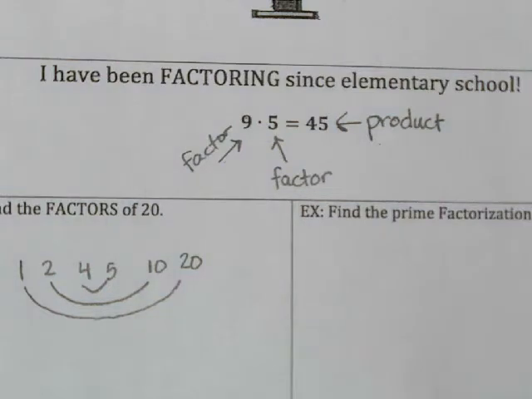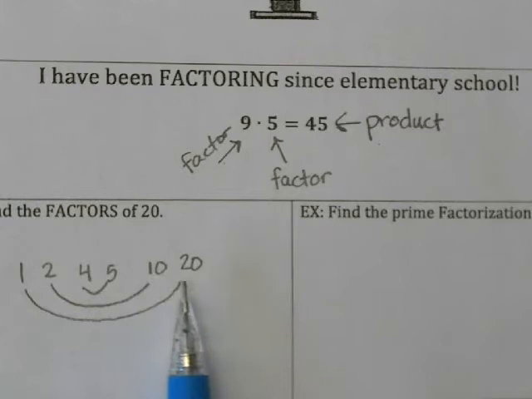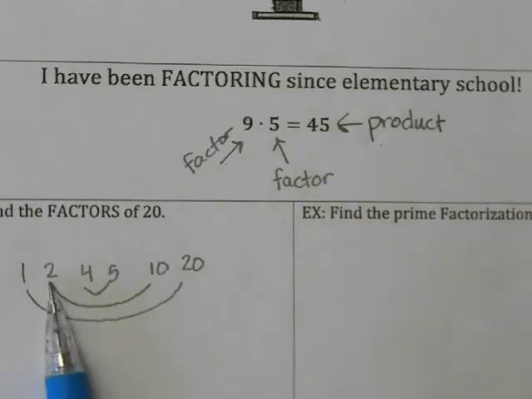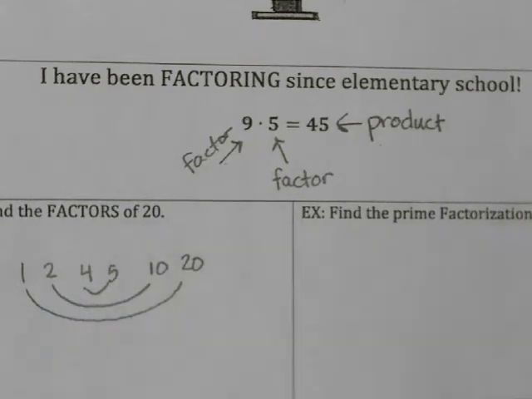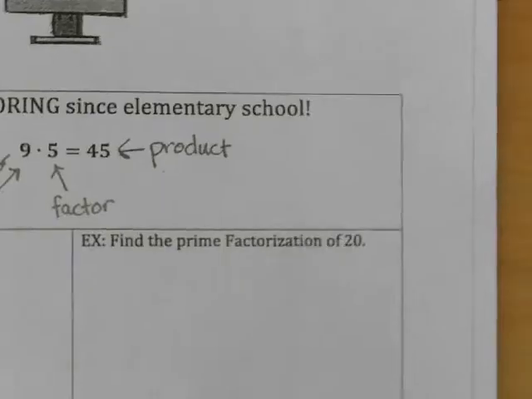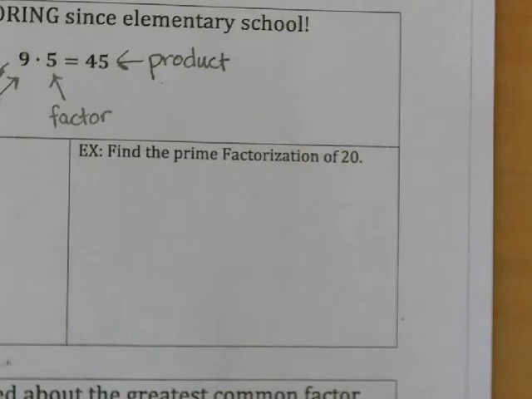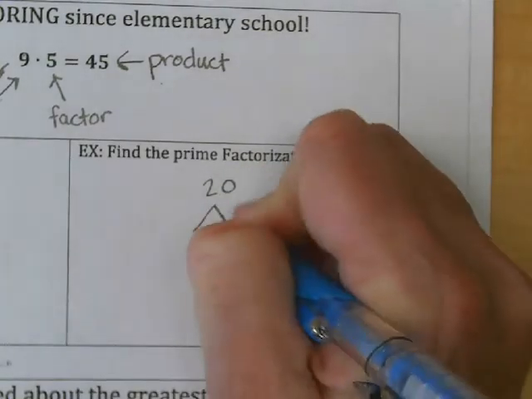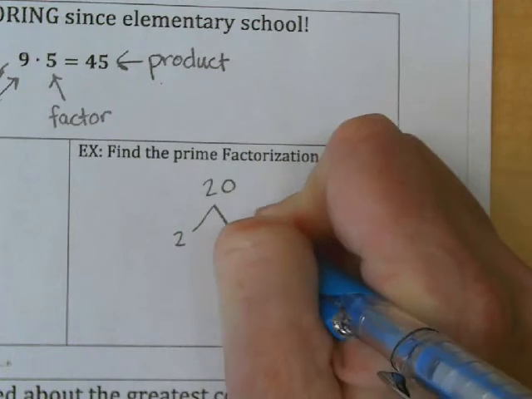Now, sometimes we talk about prime factors. These are all factors of 20, but they're not prime. Does everybody remember what the first prime number is? It's not 1, it's 2. 2 is the first prime number, so we've got 2 and we've got 5. Say we had to find the prime factorization of 20. We did that around the 4th grade. We might have gone, okay, 20 is 2 times 10.